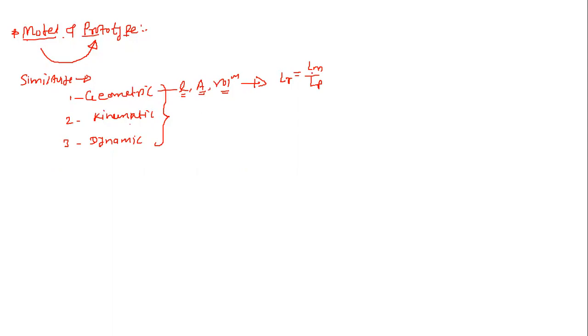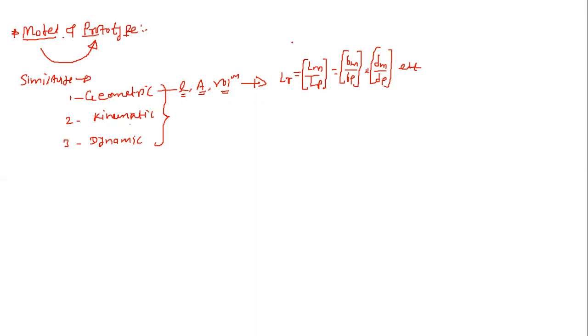If geometric similarity exists, then the length of model by length of prototype must be equal to the width of model divided by width of prototype, and the depth of model to the depth of prototype. For channels we consider depth. They must all be the same ratio, meaning whatever scale ratio is used for the length must be the same for the width and the depth.